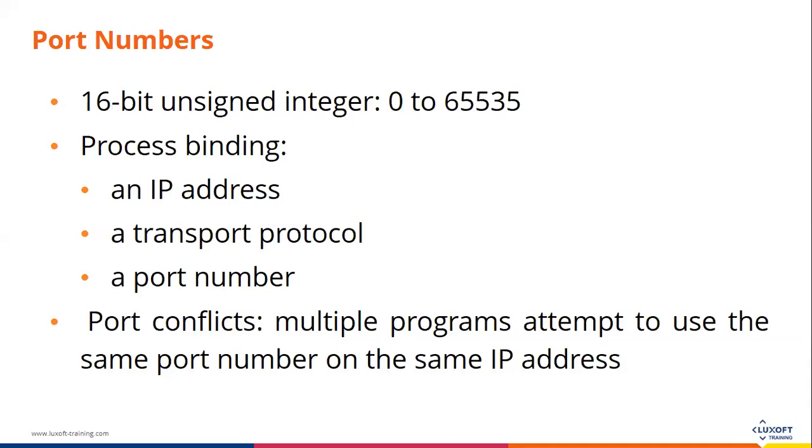And in order to communicate with some process on a given machine, you will need the IP address, the transport protocol, and the port number. So you are going to say, I would like to connect to this process. You are going to need these three things.